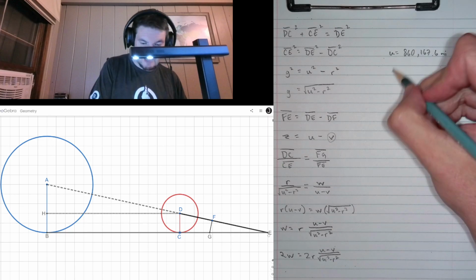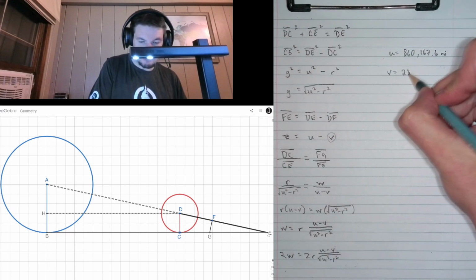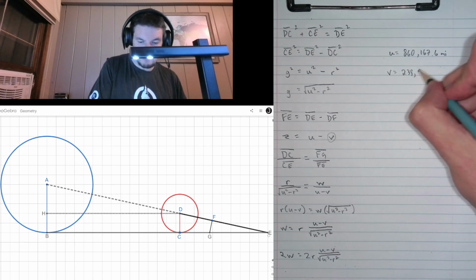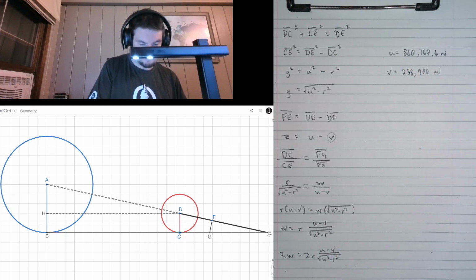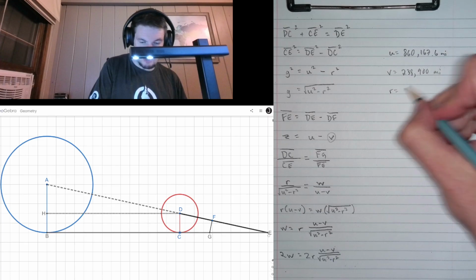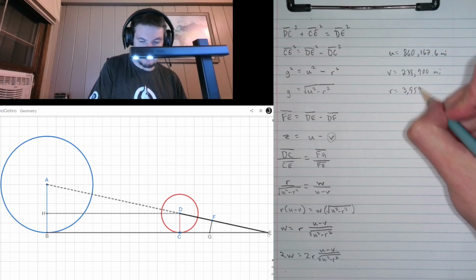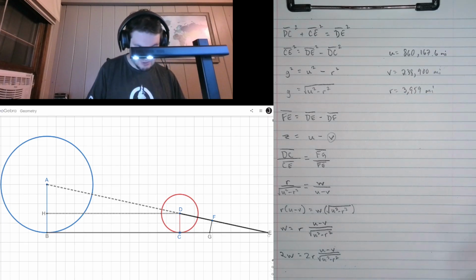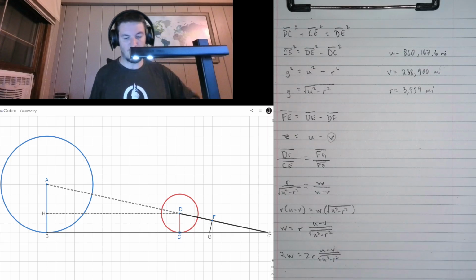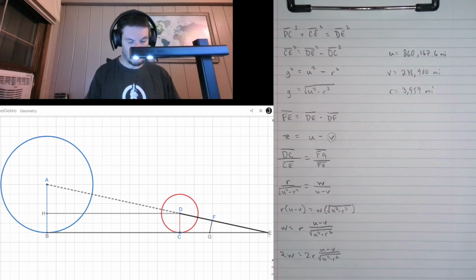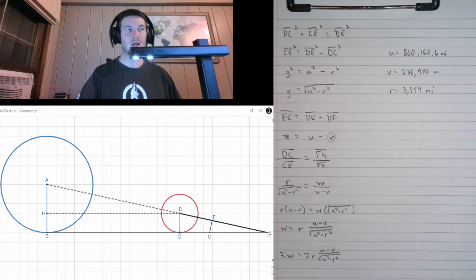Our V is 238,900 miles. We know R is 3,959 miles. So that's R, U, and V. So those are all the values we need to plug into this equation. So let me do that right now in my calculator.